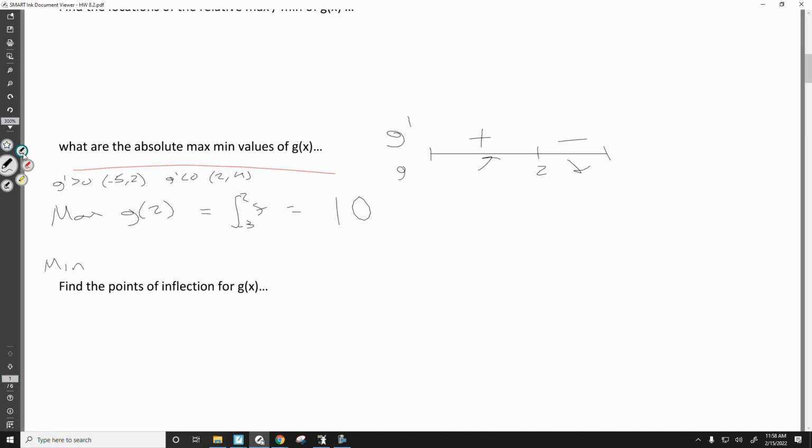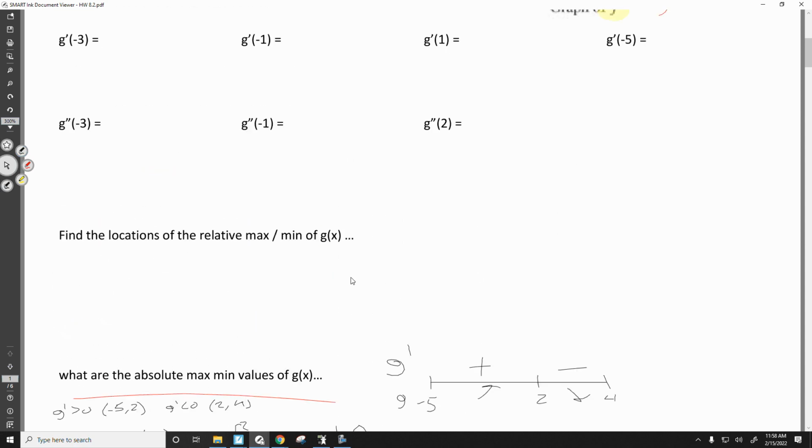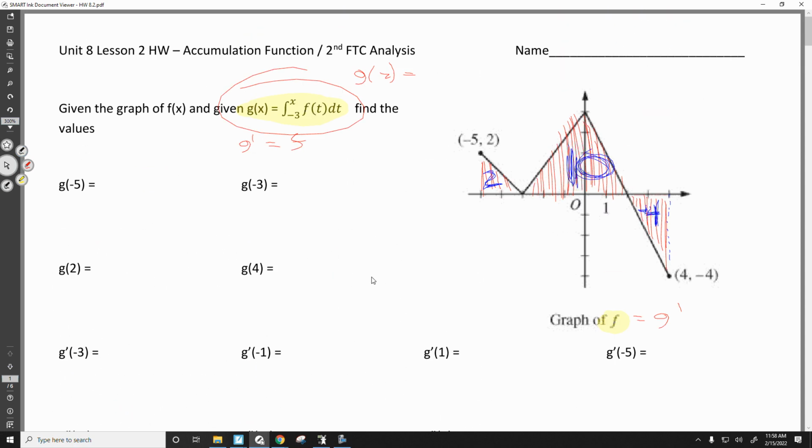Please compare G of -5 to G of 4. Find the correct value of G of -5. That's -3 to -5, right to left. And then G of 4, which is -3 to 4. Tell your neighbors what G of -5 is.